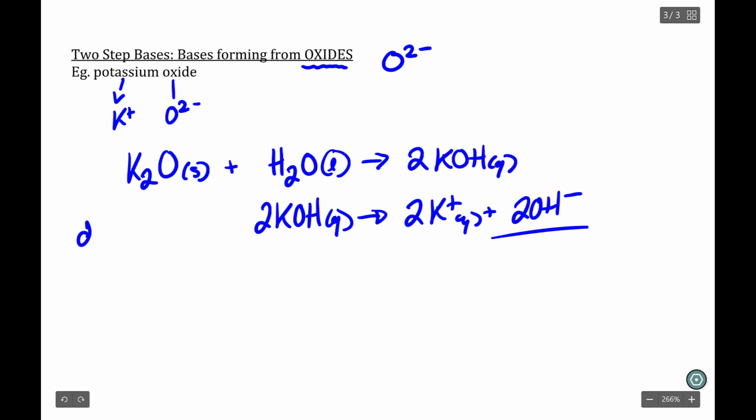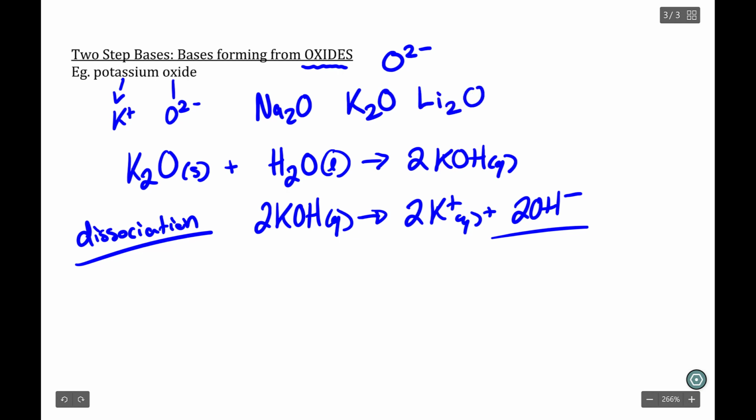So our second step is the dissociation, which produces strong base. So things like Na2O or K2O or Li2O really are strong bases. It just takes 2 steps to be produced.